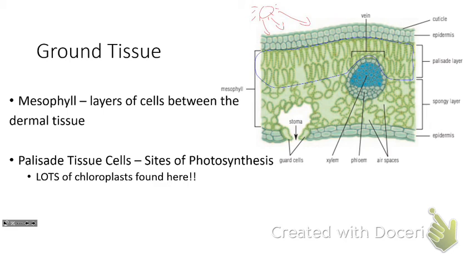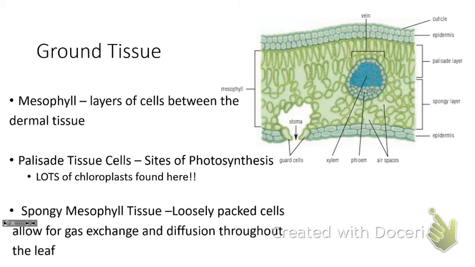Palisade tissue cells are the sites of photosynthesis, so make sure we know what cells are responsible for photosynthesis. I remember that because palisade starts with a P and photosynthesis also starts with a P. So photosynthesis occurs in the palisade tissue cells.